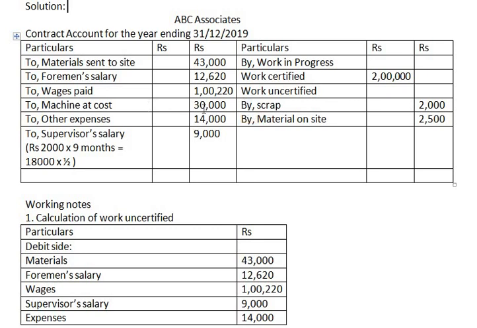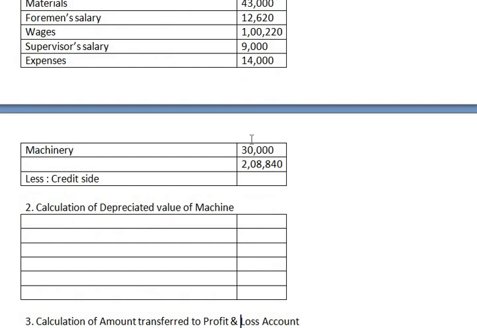So only cost price is taken. So first we will take the depreciated value of machine. Second working note: here you can leave around six to eight lines for the first working note, and then take down the second working note, calculation of depreciated value of machine.